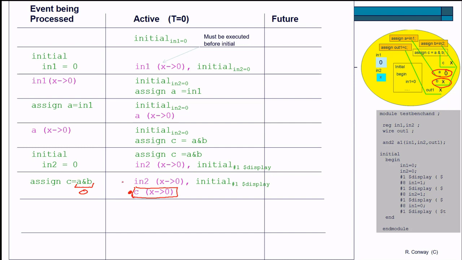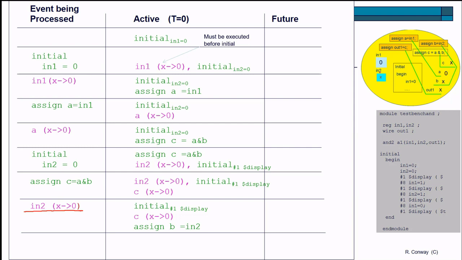At this point, we have three events in the active event queue. On this line, we have two. We've got an update event and an evaluation event, and on this line, we have an update event. Either line can be selected. So let's say we go with the first line here. That means we take this event and handle it, and this is an update, so we update N2 to 0.